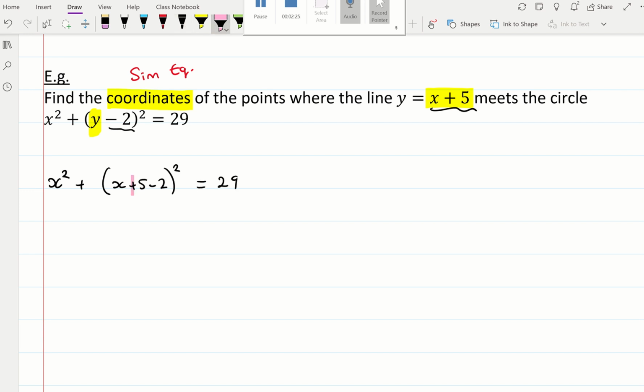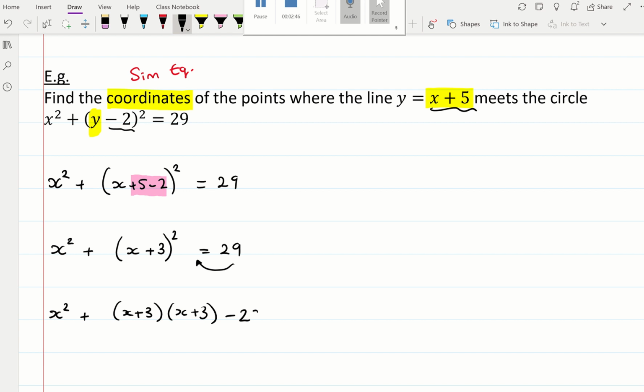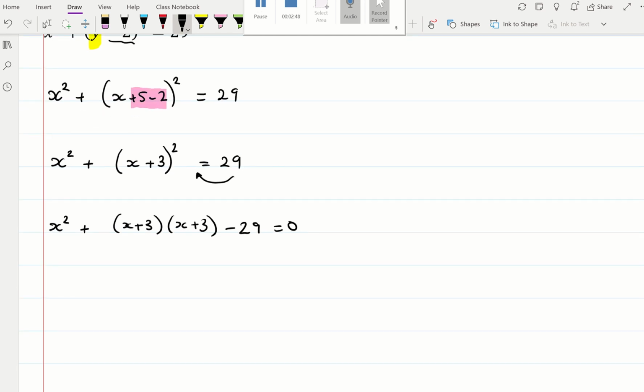Before I do anything, I can simplify. So I've got x squared plus (x plus 5 minus 2, which is a positive 3) squared equals 29. I now have a double bracket, so (x plus 3) times (x plus 3). And I'm going to subtract 29 because the equation needs to equal 0.